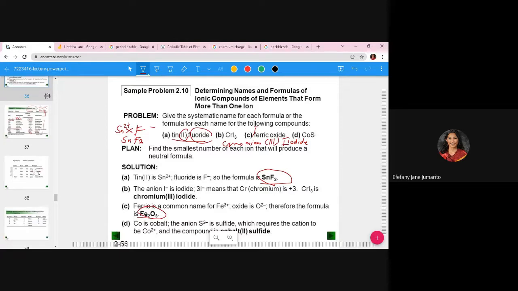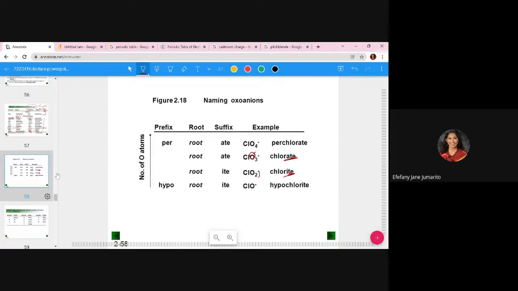Now for oxyanions, when we say oxyanions, they have oxygen in them. If we have 4 oxygens, an example of this that you should be familiar with, we call perchlorate. For 3 oxygens, the suffix is ate, so you name it chlorate.